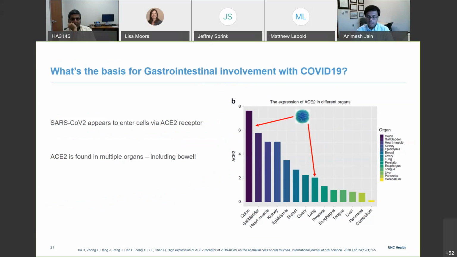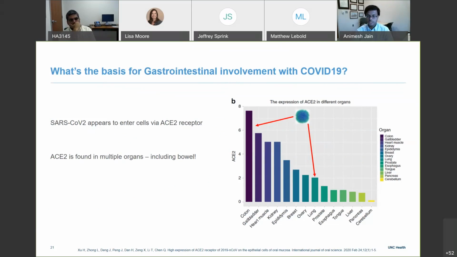So I wanted to spend a couple of minutes talking about the basis for GI involvement with COVID-19 and how that may have implications for route of viral spread. As I think we're all familiar by now, the COVID-19 virus, or SARS-CoV-2, gets into host cells through the ACE2 receptor. The graph shown on this slide shows the relative expression of the ACE2 receptor in different organs.